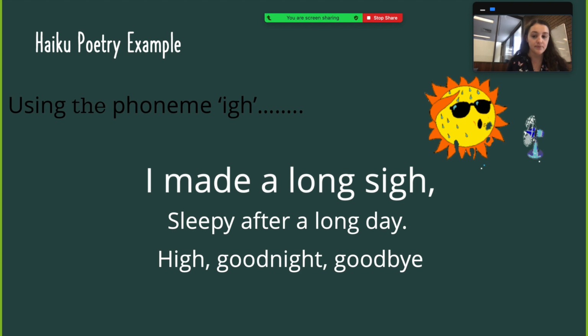The last one, hi, good night, goodbye, which has 5 syllables. There you can see I've used the word sigh with the phoneme IGH, and I've also used the word hi with the phoneme IGH. Going to look at this over the next 2 lessons, and this will brush up on our knowledge of phonemes.